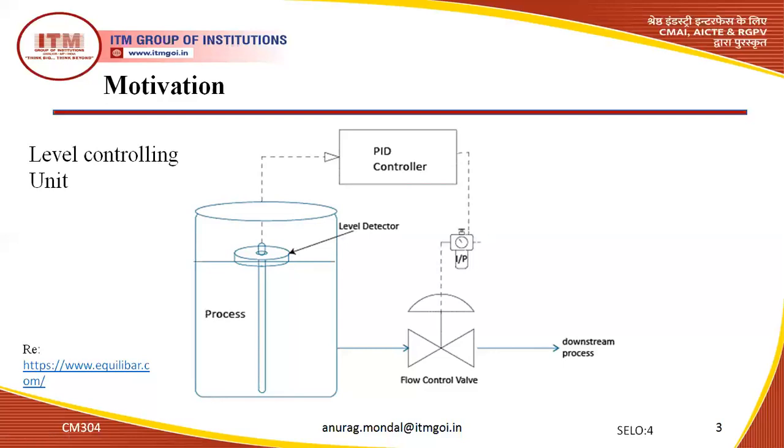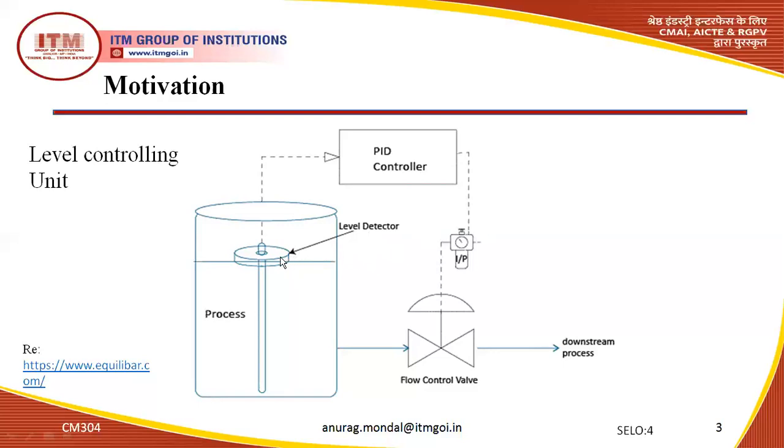The level indicator does the main work: it continuously detects the level. It is mainly the instrument, or the sensor.